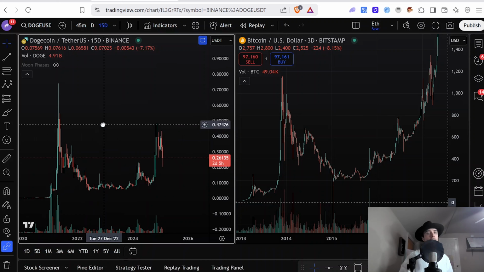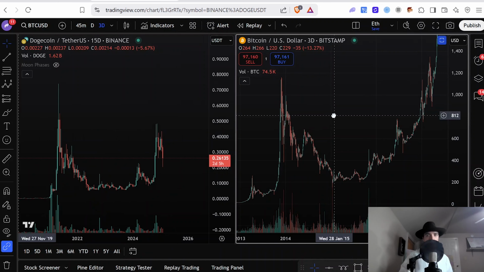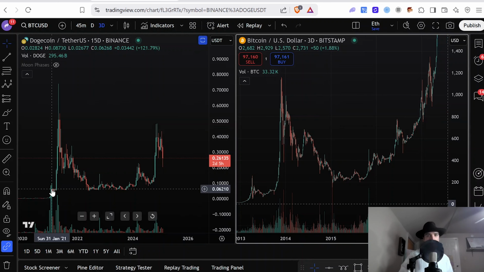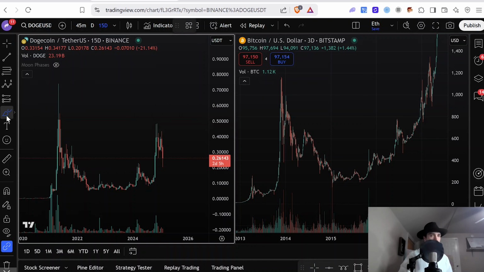And you can find the same fractal on other coins too. It's not just Dogecoin that's repeating this fractal. Ethereum did the same thing last cycle. Dogecoin this cycle is doing the exact same fractal that Ethereum did in the last cycle, so that human emotion is repeating over and over again across multiple different cryptocurrencies and multiple different cycles.